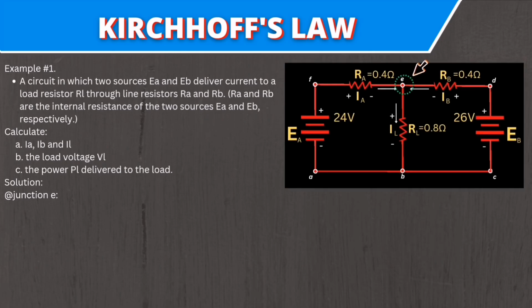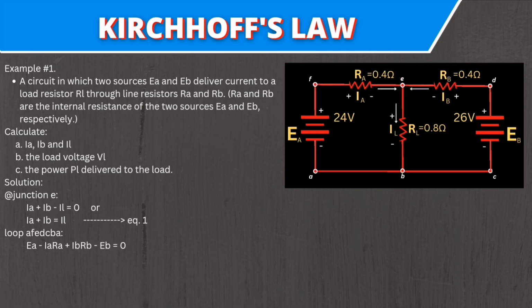The solutions, guys. At junction E, we have I sub a plus I sub b minus I sub L is equal to 0. Which can also be written as I sub a plus I sub b equal to I sub L. Which will be our equation number 1. For loop AFEDCBA, E sub a minus I sub a times R sub a plus I sub b times R sub b minus E sub b equal to 0.